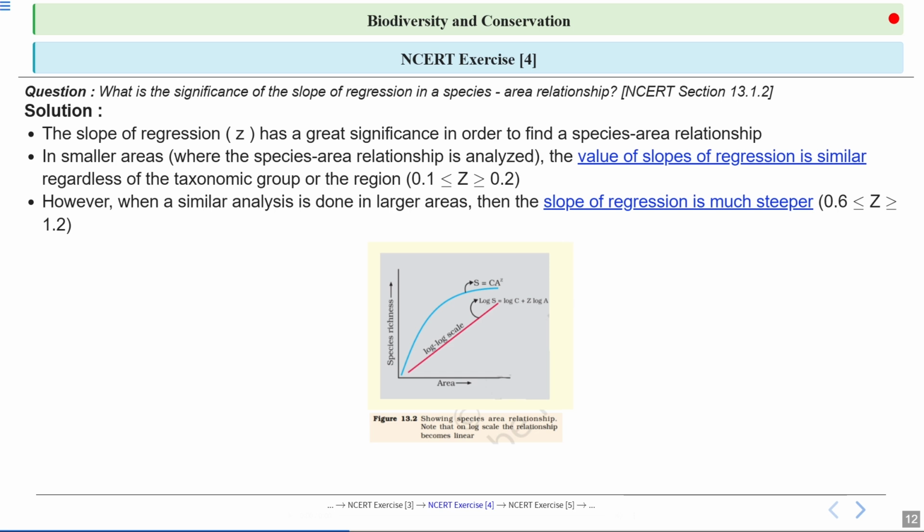On an arithmetic scale, this appears as a curve that rises quickly and then levels off. So you can see in this image a rectangular hyperbola here at the arithmetic scale. But when plotted on a log-log scale, the same relationship appears as a straight line. So on a log-log scale, you can also see you are getting a straight line here.